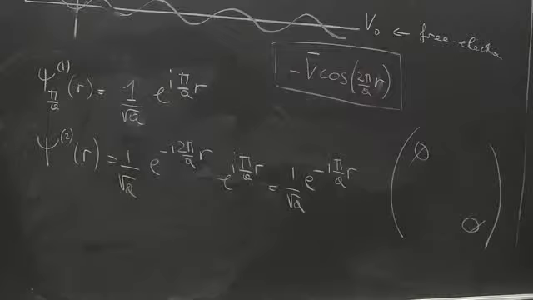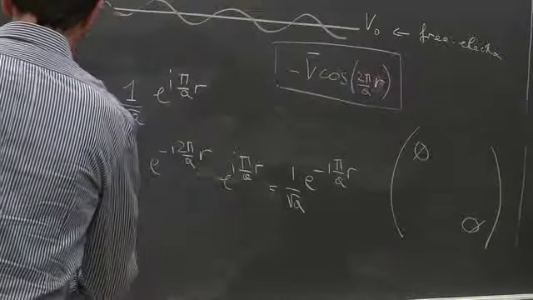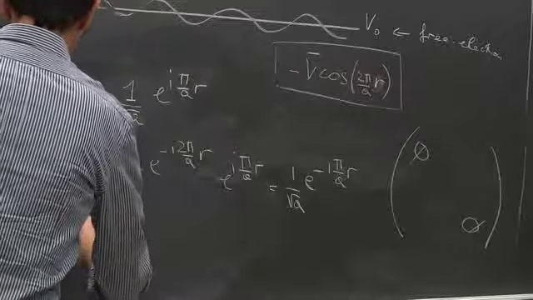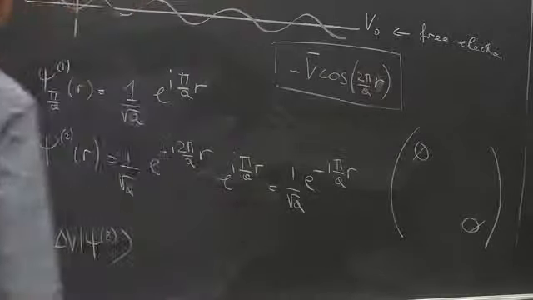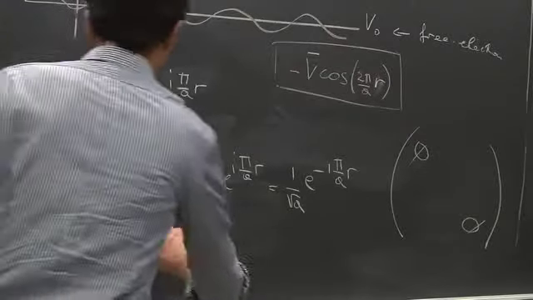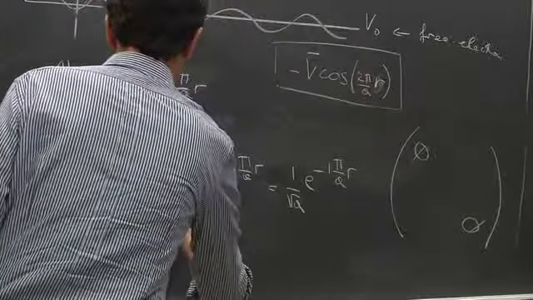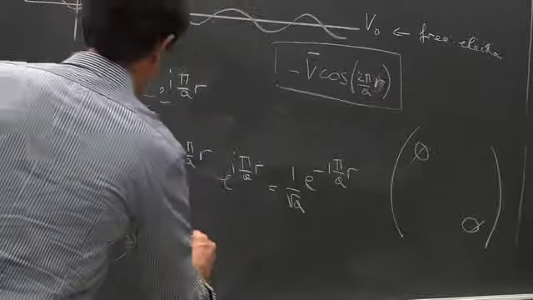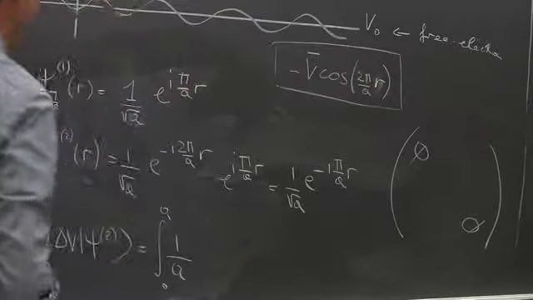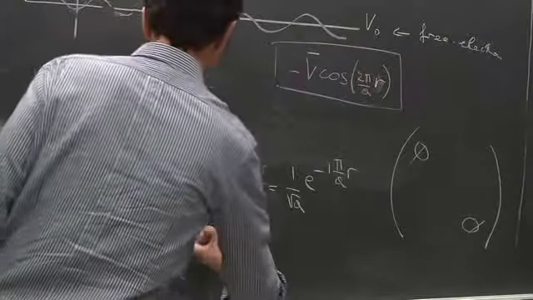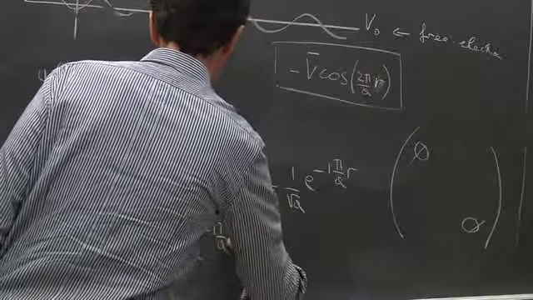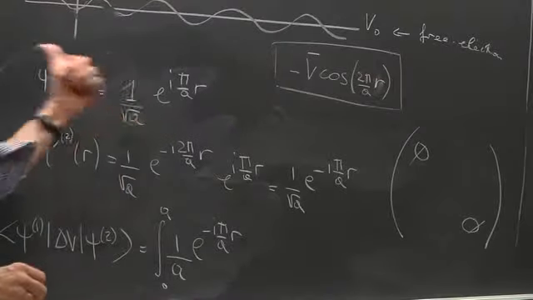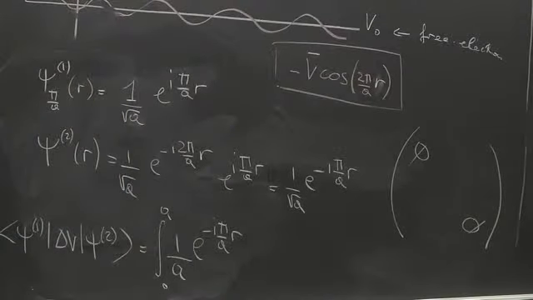The interesting part is the cross terms. So let me do psi 1 delta v psi 2. Integral from 0 to a, 1 over a, psi 1 conjugate, e to the minus i pi over a r, because it's to the left.